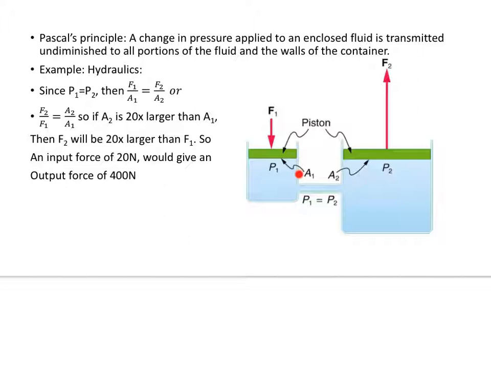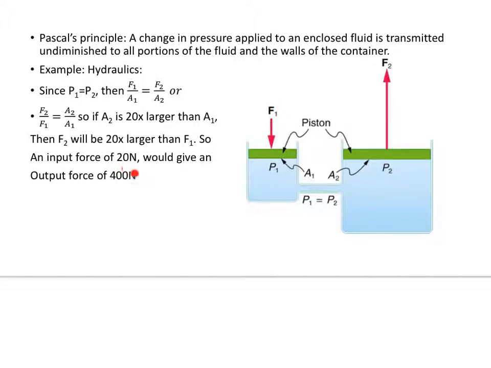F1 over A1 has to be equal to F2 over A2. Or, if we rearrange terms, then F2 over F1 is equal to A2 over A1. So that means that if A2, this area here, for example, is 20 times larger than A1, this area, then F2, this force here, will be 20 times larger than F1.